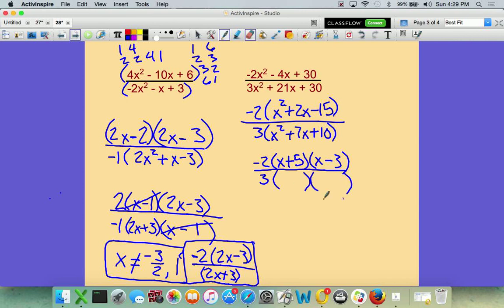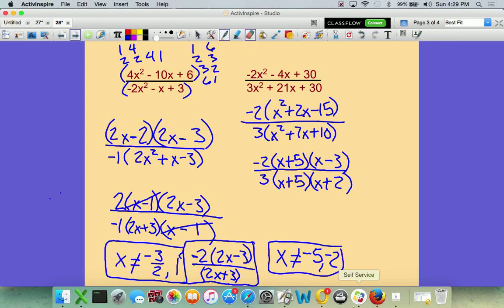For the bottom, x and x, signs are the same. A 10, well that's 5 and 2. Alright, this is where we check to see what we cannot have as answers here. Set our factors equal 0, the 3 doesn't matter. Alright, this one here, we'd subtract a 5, so it can't equal negative 5 or negative 2. So that's part of our answer.